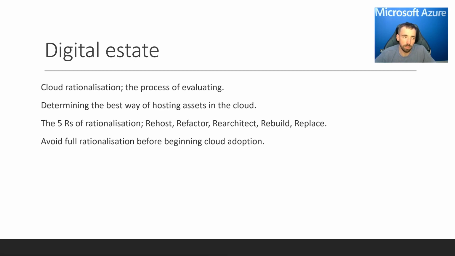And that's not recommended because it will delay cloud adoption potentially quite a while because it takes a lot of work, a lot of effort and a lot of skills to properly rationalize all of your applications. So what we can do is prioritize applications, come up with a plan for each of those applications, the ones that we want to move first, and then we can start beginning our cloud adoption and moving those applications while we're still rationalizing the rest of the estate.